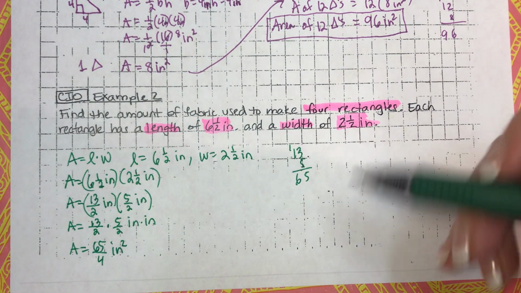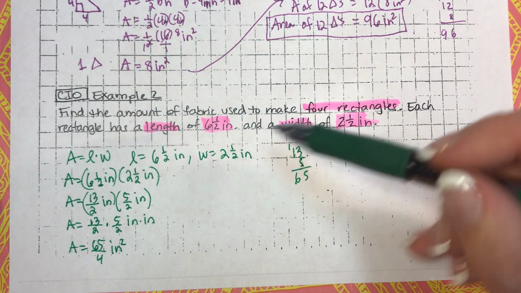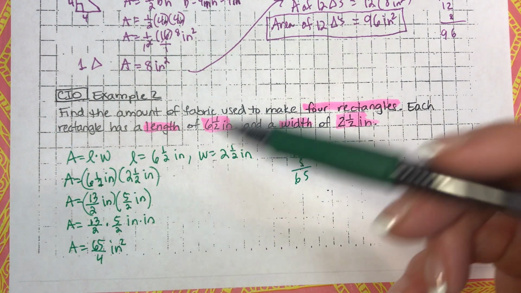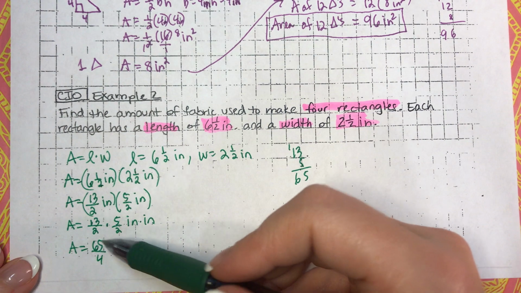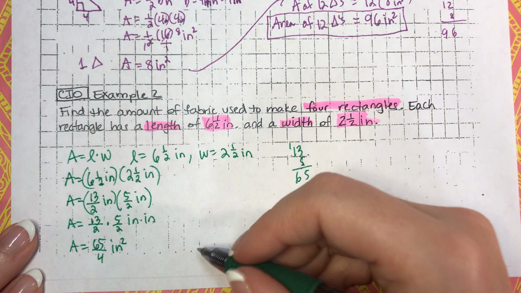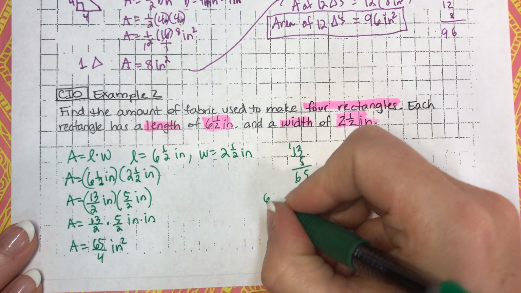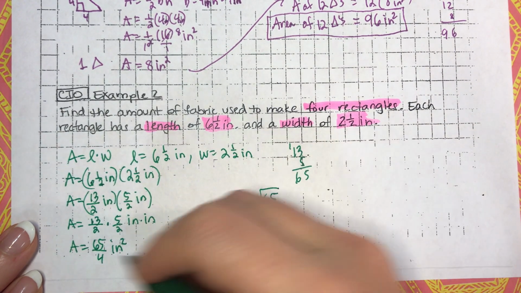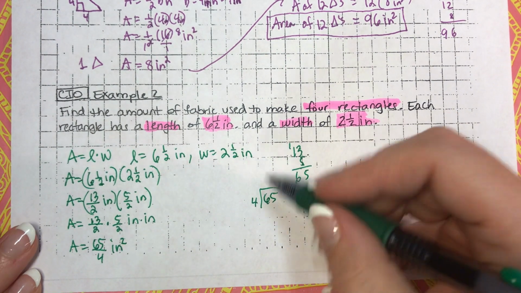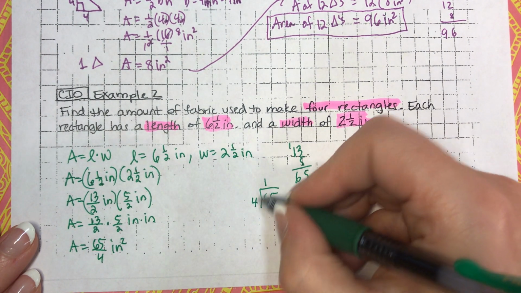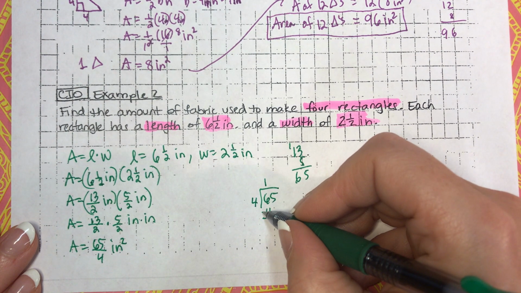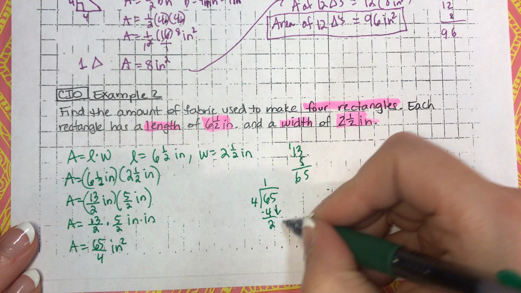And since we're talking about a real life application about fabric, you'd never say, oh, I want 65/4 of fabric. They'd look at you like you're crazy. So we're going to change this back into a mixed number. To do that, we're just going to do long division. This is 65 divided by 4. See how many times 4 goes into 65? 4 goes into 6 one time. 1 times 4 is 4. 6 subtracted by 4 is 2.